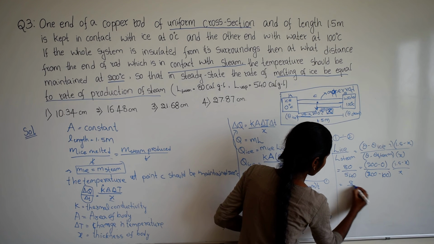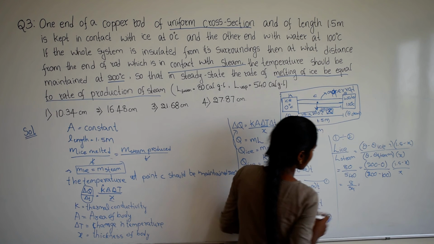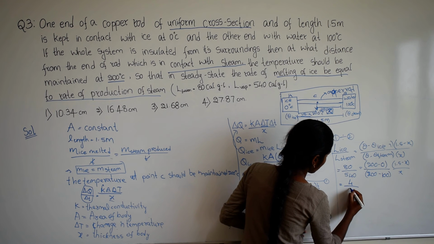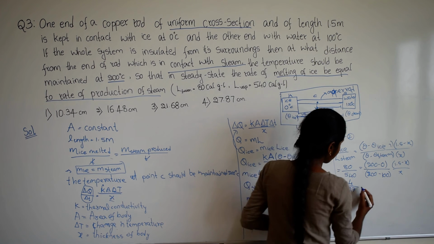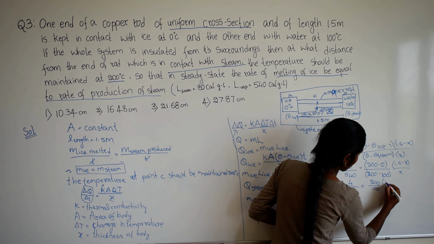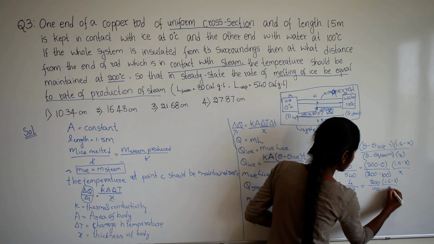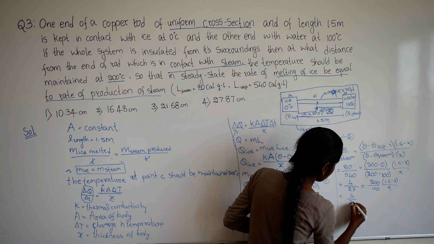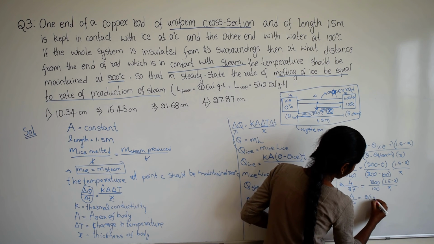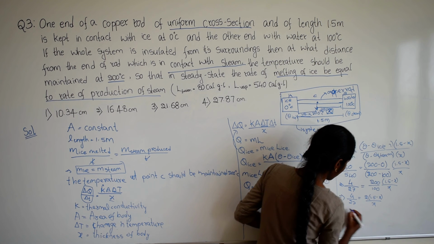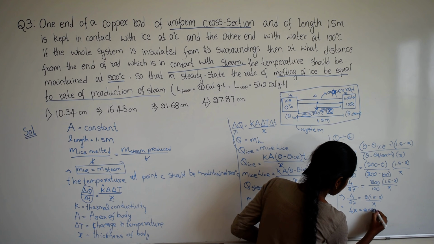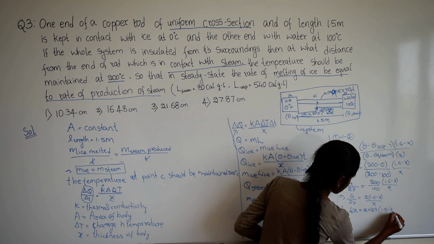So here it will be 8 by 54, so we get 4 by 27 is equal to 200 by 100 into 1.5 minus x by x. So let us solve this. 4 by 27 is equal to 2 into 1.5 minus x by x.